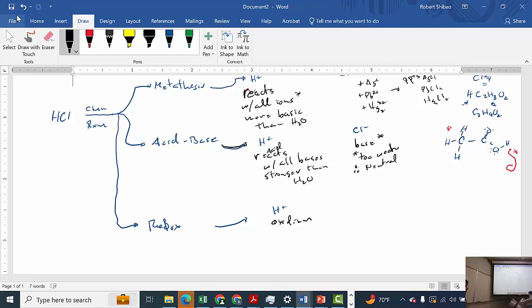This is oxidizer, reacts with all reducers stronger than H2. Okay, and then we could just pick, or we could list them. For example, this. How about chloride? Does chloride occur on the side?